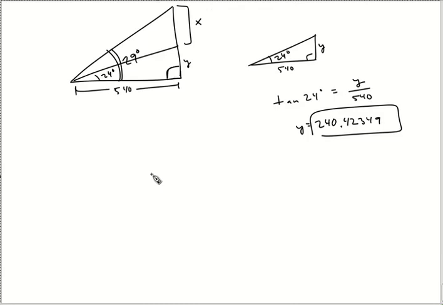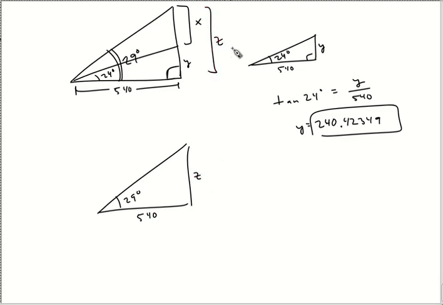Okay. So I got that little y, and that's fun. What I'm going to do is make the big triangle, and that's the 29 right now. I got 540, and then let's call that z. Again, z is going to be this entire distance here. Can you tell how we're going to get x? We're going to subtract. So same formula here. Tangent 29 is equal to z over the 540.